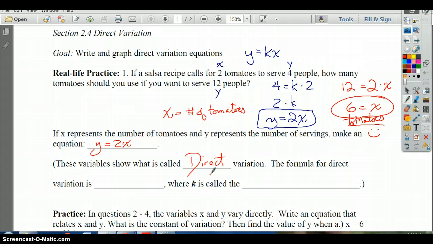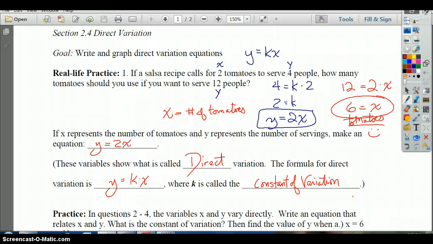What makes it direct is you have no b value here. The formula for direct variation is y equals k times x, which is what I was just talking about, where k is called the constant of variation. So hopefully that's helpful.